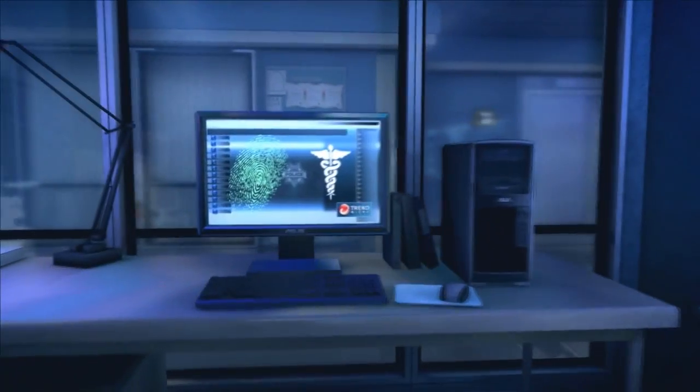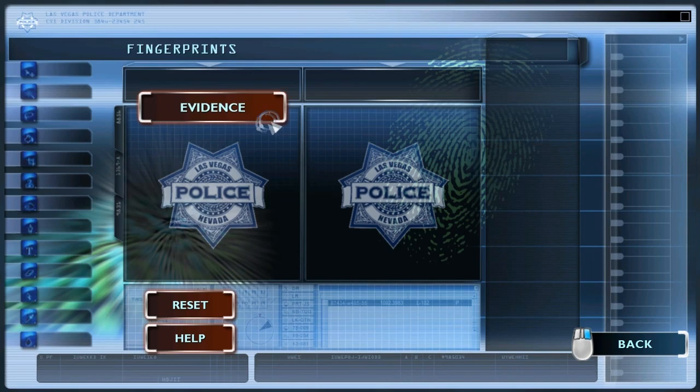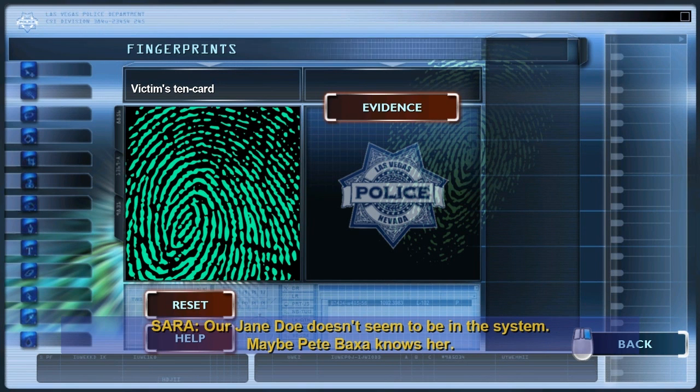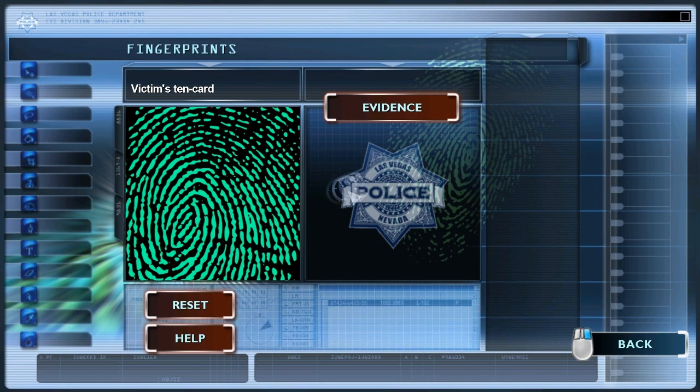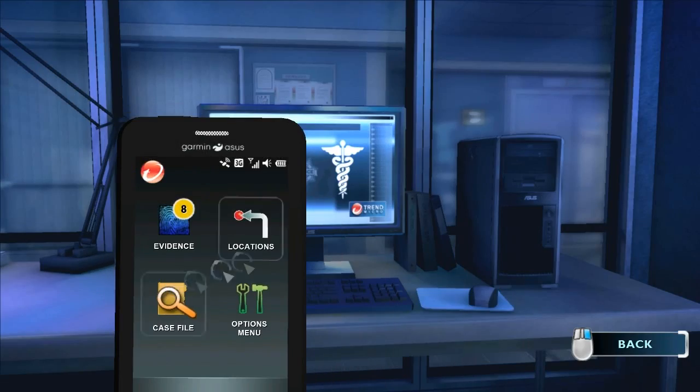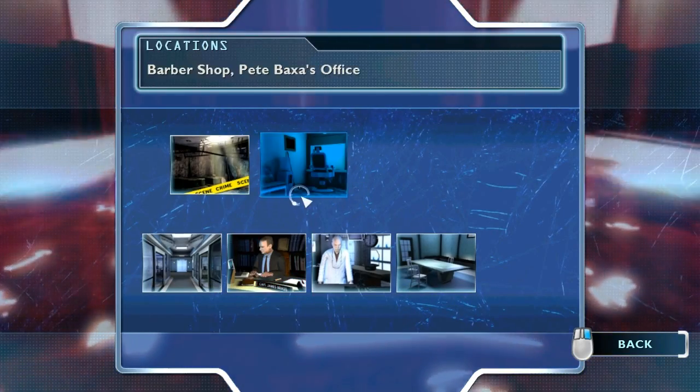Let's see if her fingerprints are in the system. Our victim's not in AFIS. Our Jane Doe doesn't seem to be in the system. Maybe Pete Baja knows her. Okay, so we really need to see him now. If he's not in, then I'm stuck already.